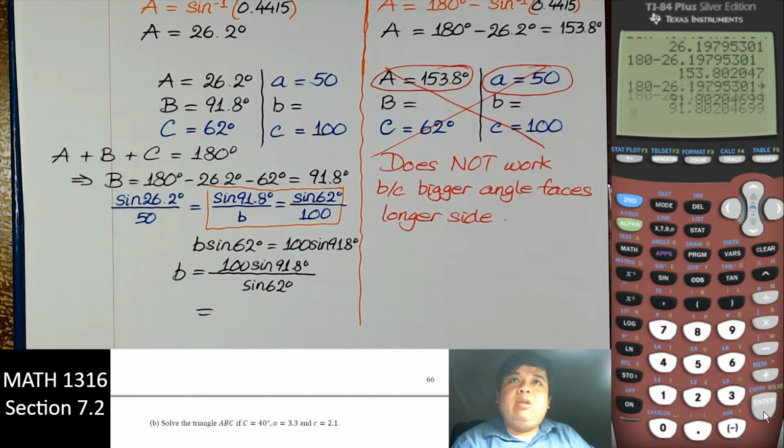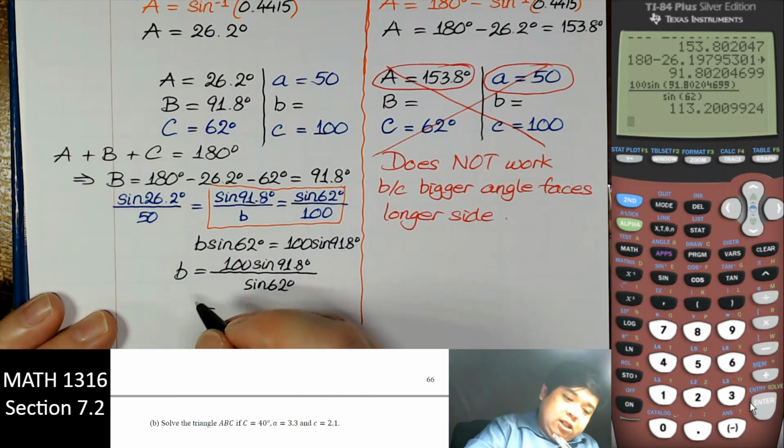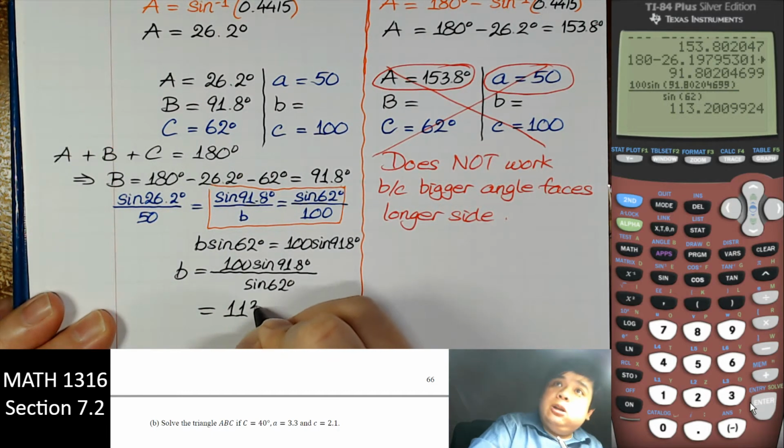Fraction, right? 100 sine of 91.8, divided by sine of 62, and we have 113.2.